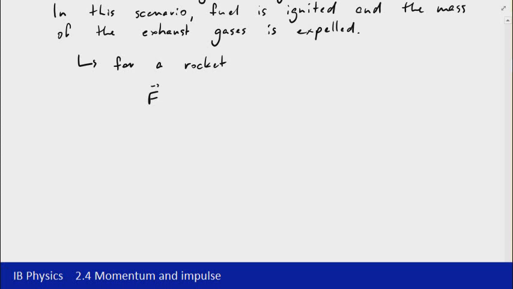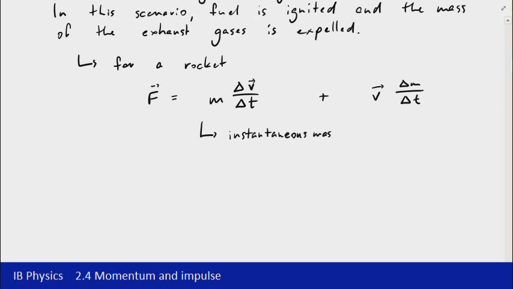So F being equal to, I'm just going to expand this out a little just so I can write some notes underneath, m delta V on delta T, so again the usual expression for Newton's second law, plus V multiplied by delta M on delta T. Now this first term we're familiar with, it's the instantaneous mass of the rocket. So now the mass of the rocket's no longer constant, so the instantaneous mass, so the mass at a given point in time, and the acceleration of the rocket at that point in time is what's represented by this term here.